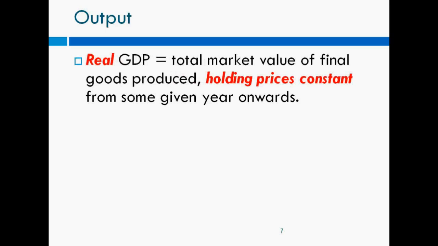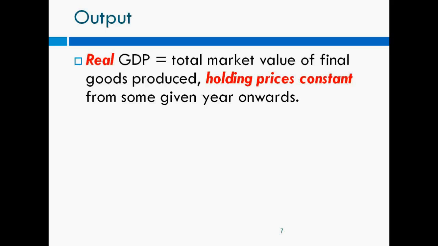Now let's talk about the other kind, the other category, real GDP. This is the measure of GDP that economists are most interested in. It's the total market value of final goods and services produced in an economy in some given period of time, usually. And here's the catch: holding prices constant, or sometimes referred to as at constant prices, or GDP deflated.